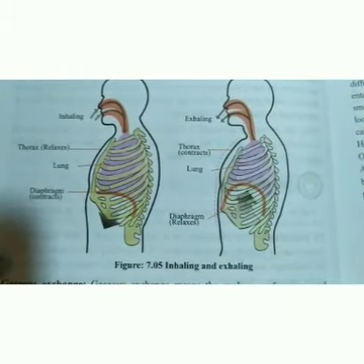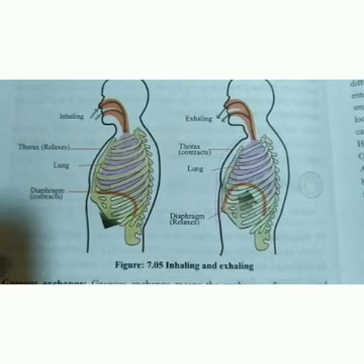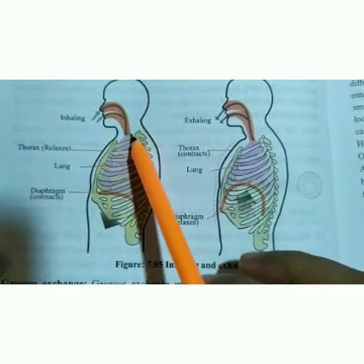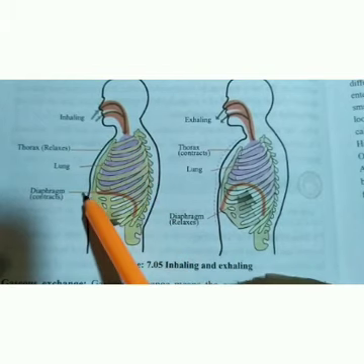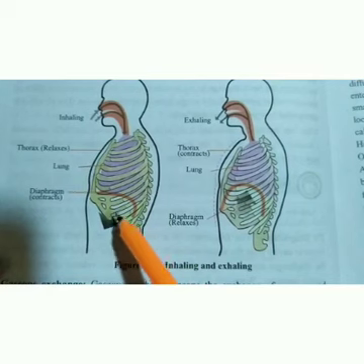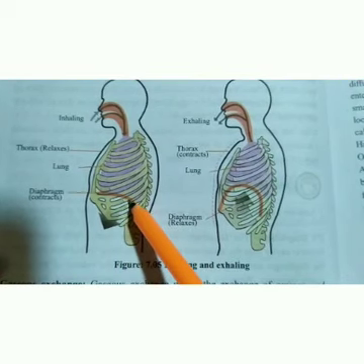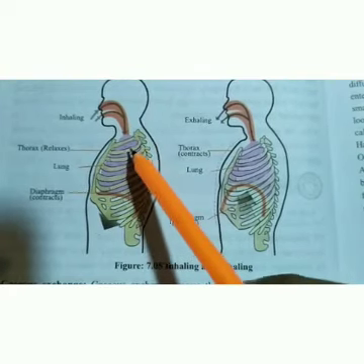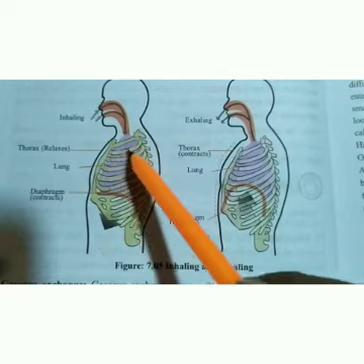Inhaling air and exhaling the gas. When inhaling the gas, the thorax relaxes and the diaphragm contracts. That is why the volume in the rib cage is increased.